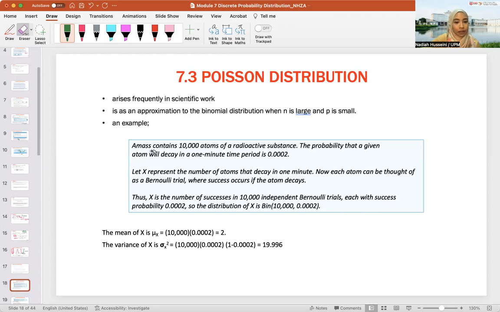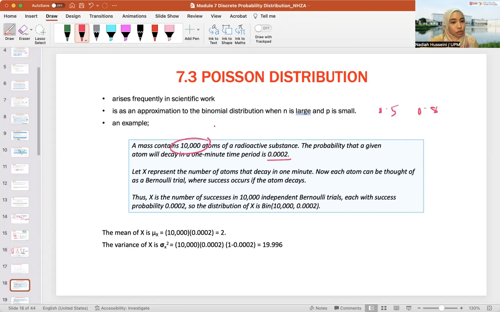For example, a mass that contains 10,000 atoms of a radioactive substance, the probability that a given atom will decay in a 1 minute time period is 0.0002. So the probability is very, very small. The probability that we were talking about just now was like 0.5, 0.8, 0.9, which was quite large, right? So here the probability is very, very small, and the n is very, very large.